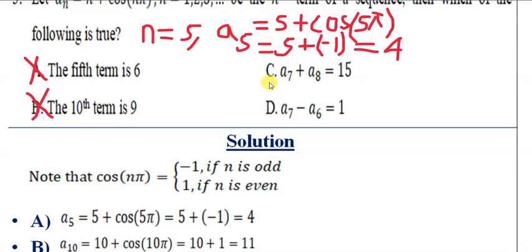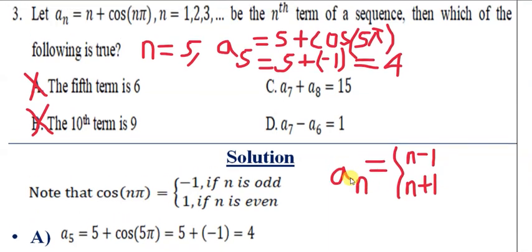Observe that when our n is an odd number, such as 5, then it reduces to 4; a5 gives us 4. But a10 gives us 11, which means that by observing this formula, an gives us n minus 1 if our n is odd, and it gives us n plus 1 if our n is even.